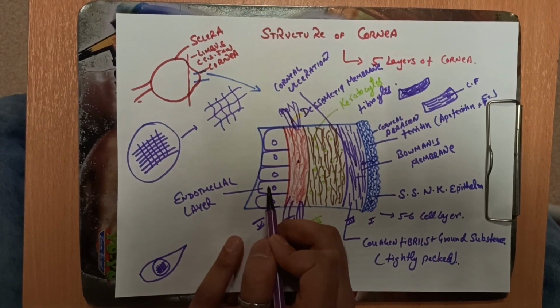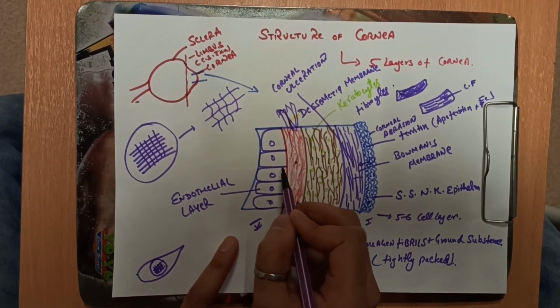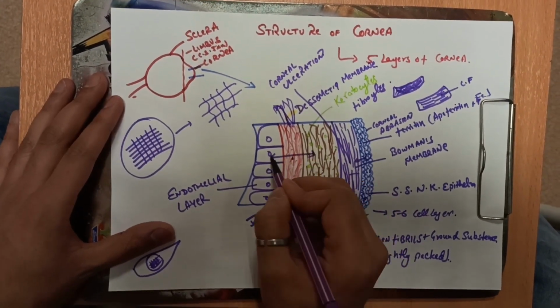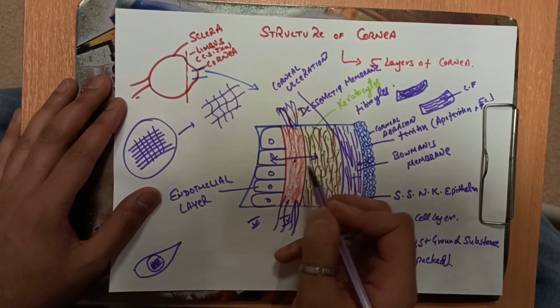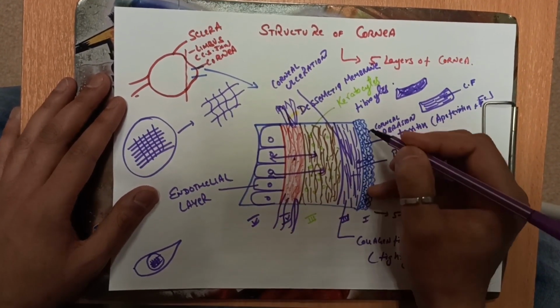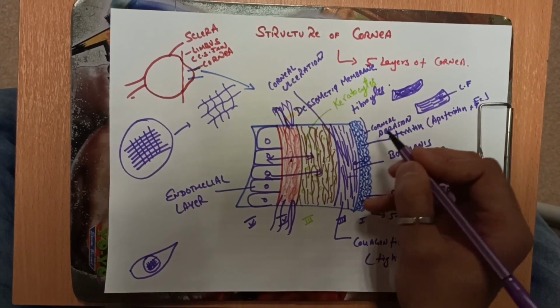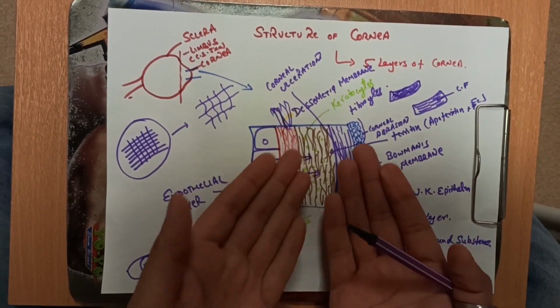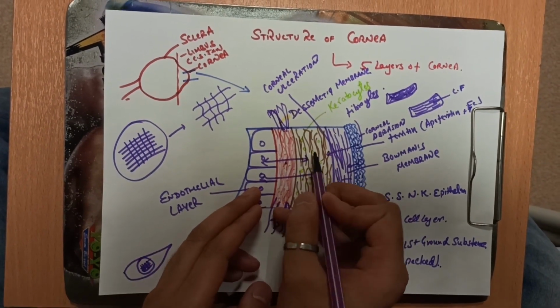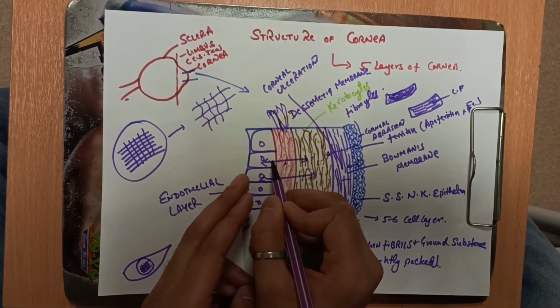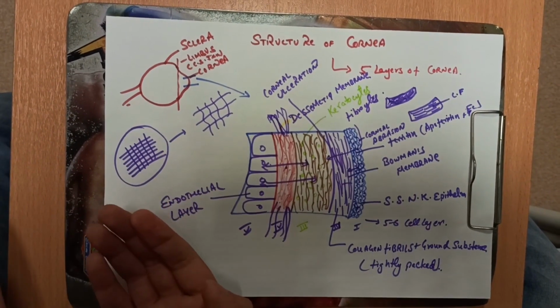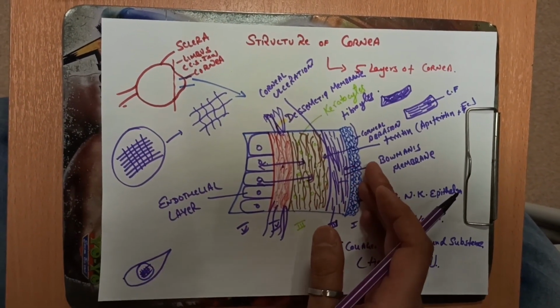The last layer is the endothelial layer. These are the endothelial cells. These consist of pumps which keep the stroma dehydrated. As you know, this is the cornea, and the aqueous humor will be entering in from here and hydrating it. So mainly this endothelial cell consists of water pumps which take the water out of the stroma and keep it dehydrated.